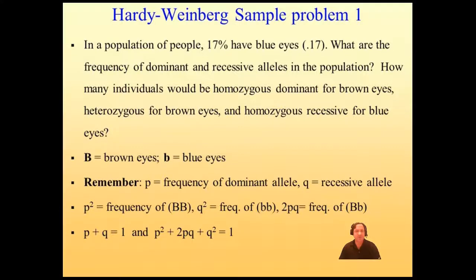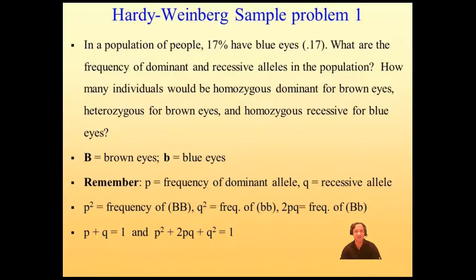Q squared would be the frequency of homozygous recessive, little b, and that would be the percentage of individuals which actually have blue eyes. 2 times P times Q would be the frequency of heterozygous individuals, big B, little b, who would also have brown eyes because they have one dominant allele. P would be the frequency of the dominant allele in the gene pool, and Q would be the percentage or frequency of the recessive allele in the gene pool.